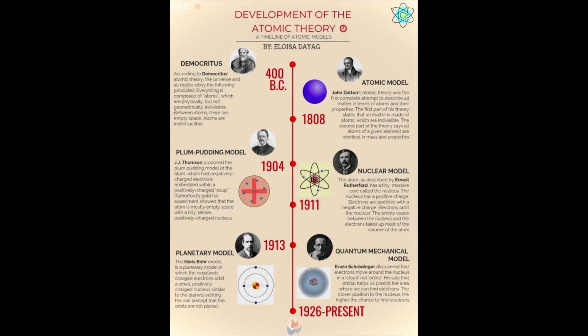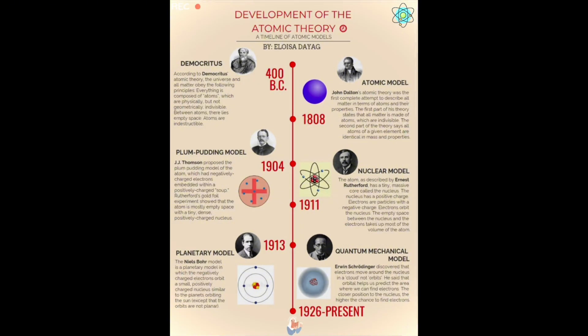The proton and the neutron have a relative mass of 1. Neutron has a relative charge of 0. Proton has a relative charge of +1, and electrons have a relative charge of -1. The mass of an electron is approximately 1/1840. So all of these details were confirmed after Niels Bohr's time.